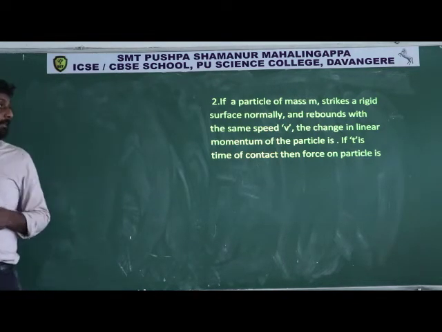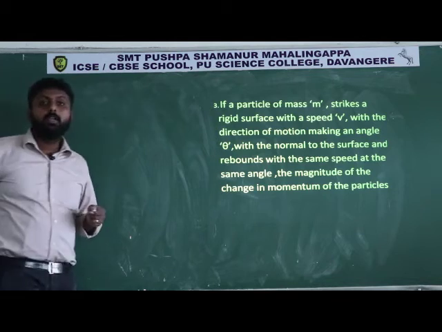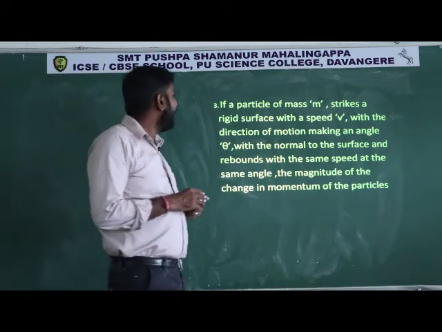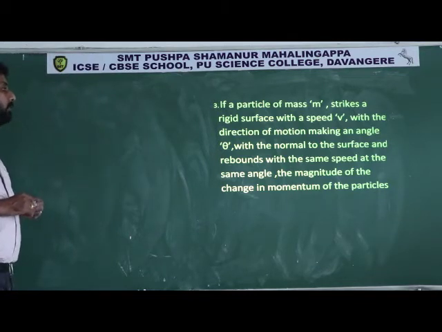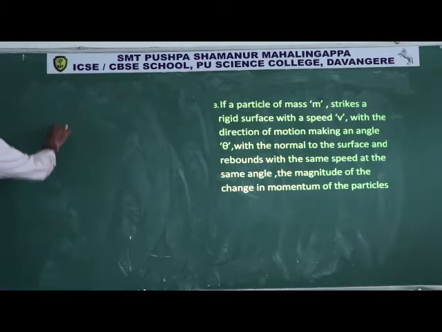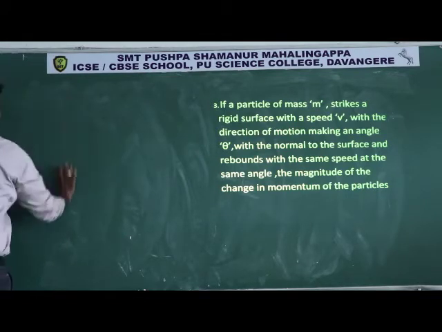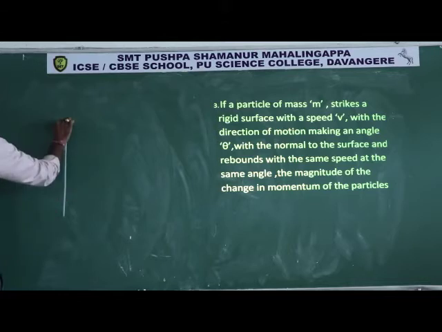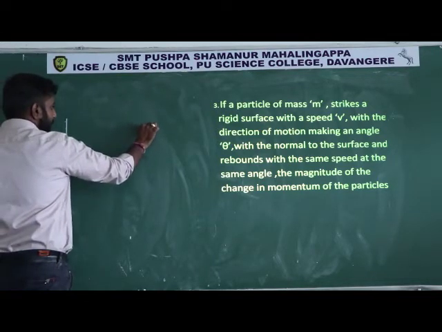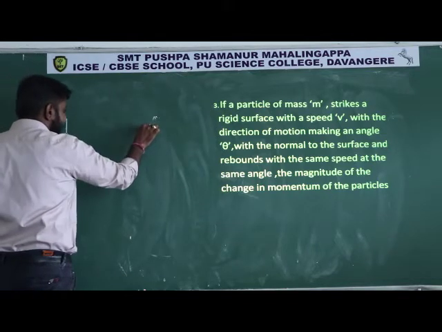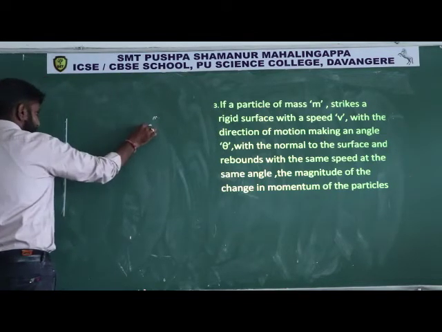And in the next application, if a particle of mass m strikes a rigid surface with speed v, with the direction of motion making angle theta with the normal. Suppose this is the rigid surface, there is a particle, this particle mass is m, it is moving in this direction.